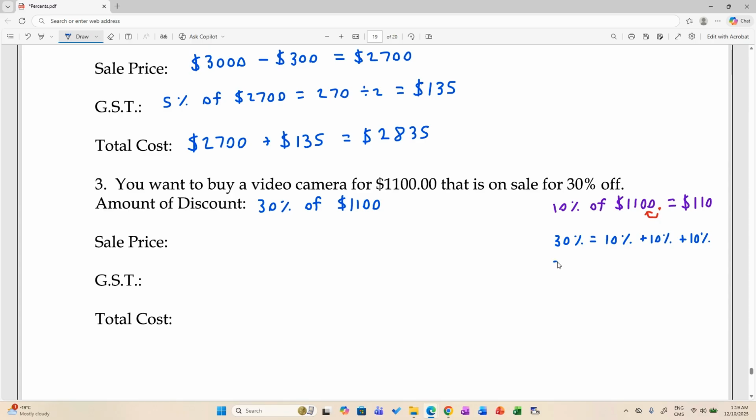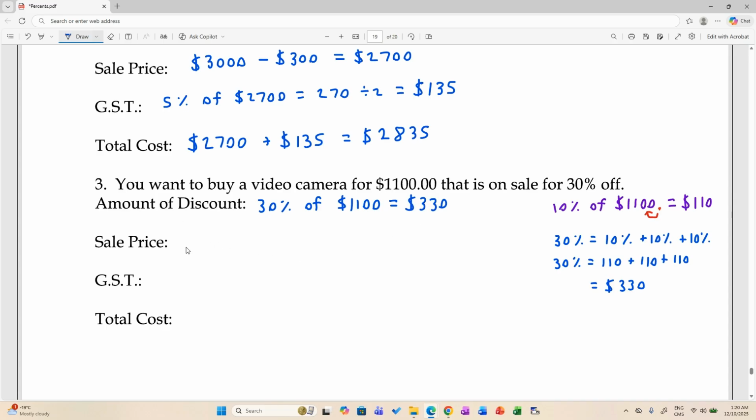So hence 30%, right, is just going to be 110 plus 110 plus 110. So it's going to be $330 for 30%. So 30% of 1,100 is going to be $330.